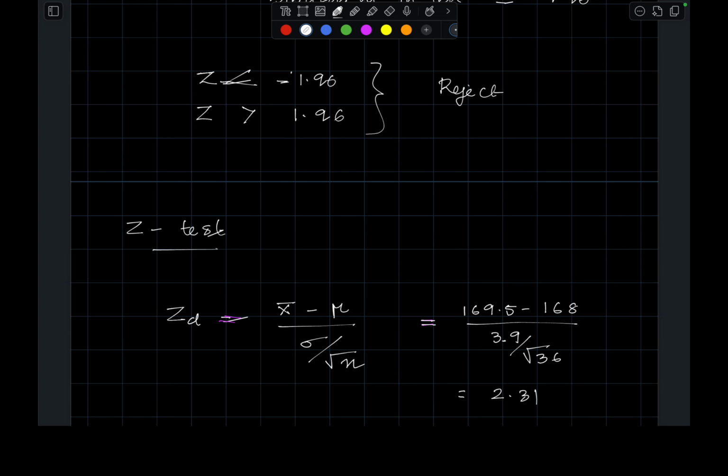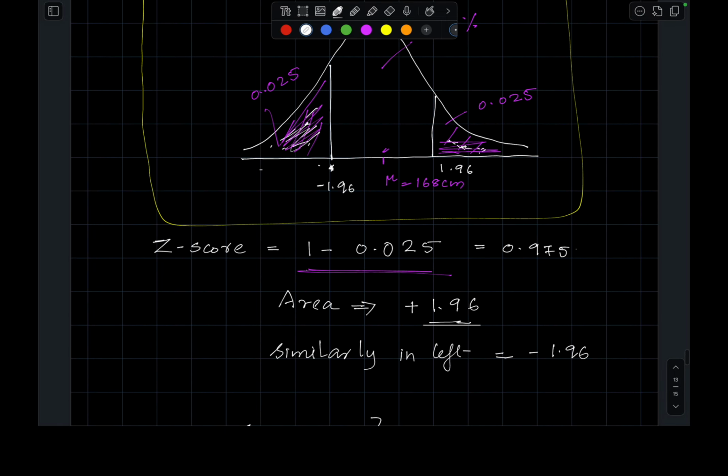I forgot to mention that point, because we have z values calculated for two-tailed and one-tailed tests. In this case we are dealing with a two-tailed test, with the z value calculated with the rejection probability on one side as 2.5 percent.